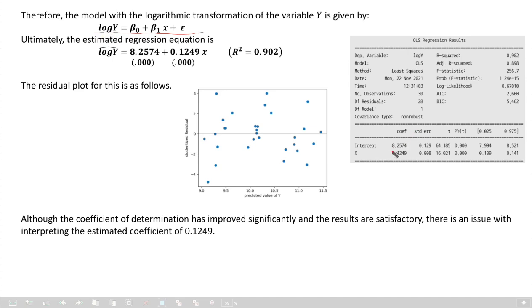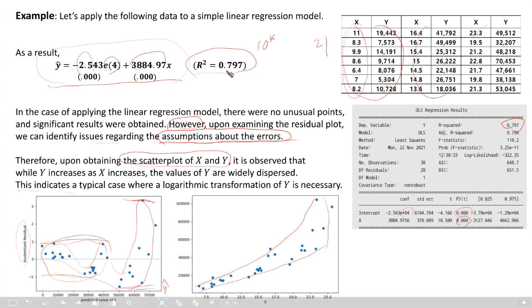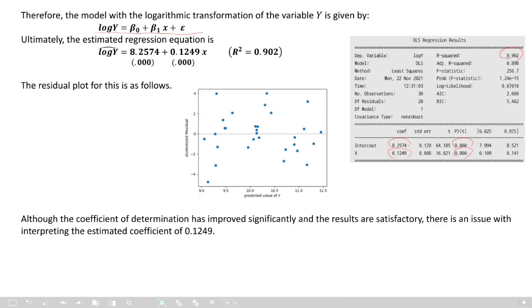This is the result. The intercept is 8.2574, p-value 0.000, plus 0.1249, p-value 0.000, and r-square is 0.902. Previously, it was 0.797. Now, it increased about 10%.